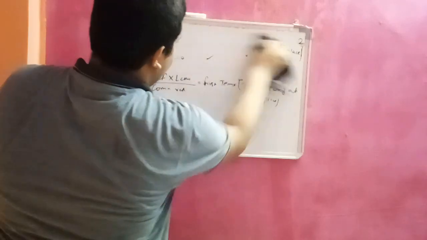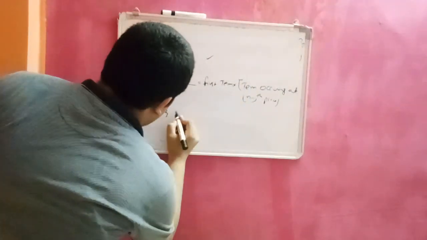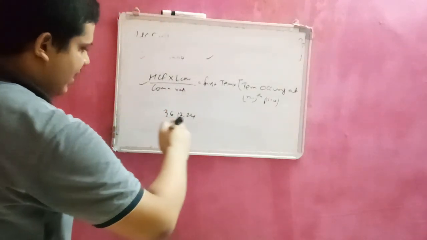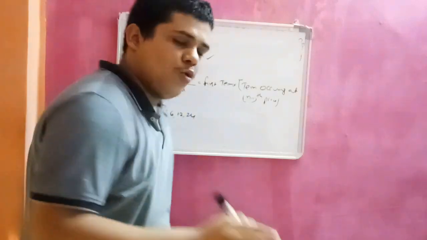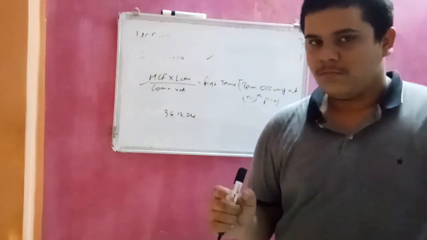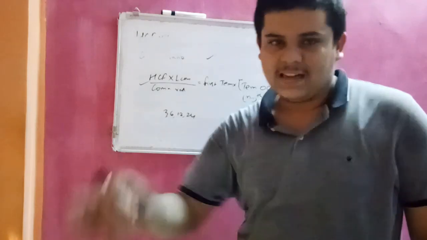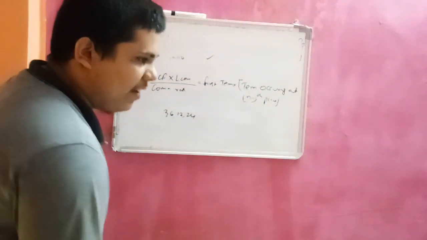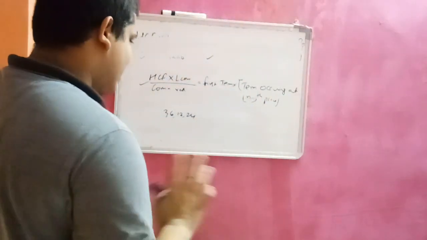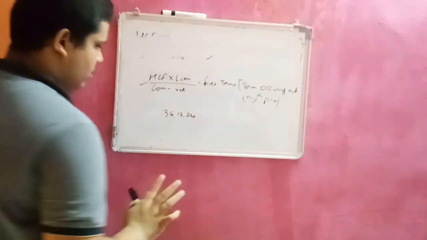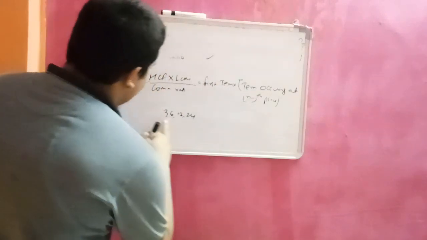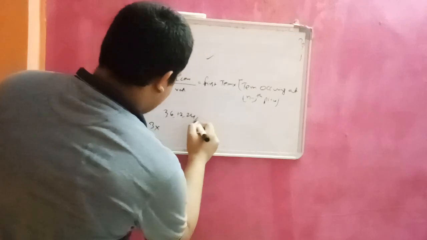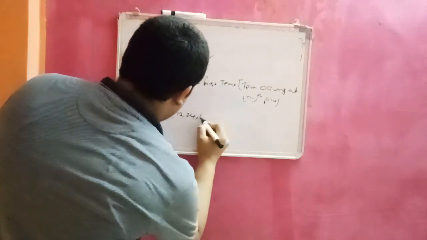For example 3, 6, 12, 24, 48, it is in GP in increasing order having natural numbers. You know that we find HCF, GCD or LCM of only positive numbers, whether it is a natural number or fraction, doesn't matter. We have to take positive numbers. Here this is for an odd number of terms, so we have to take one term more, that is 48.